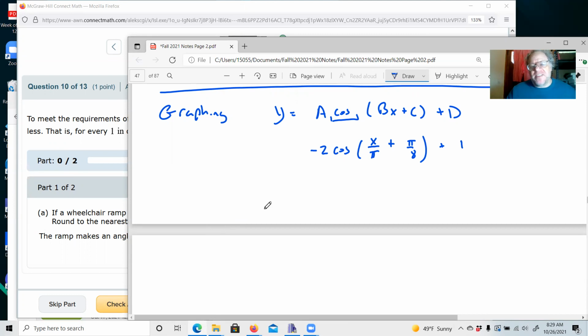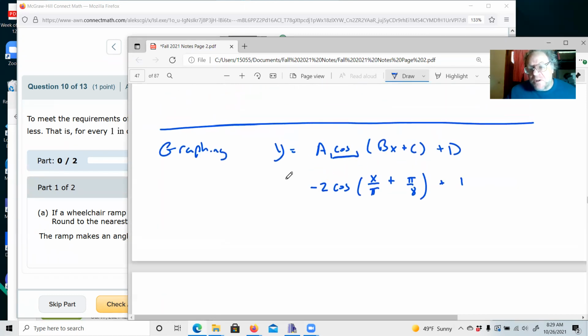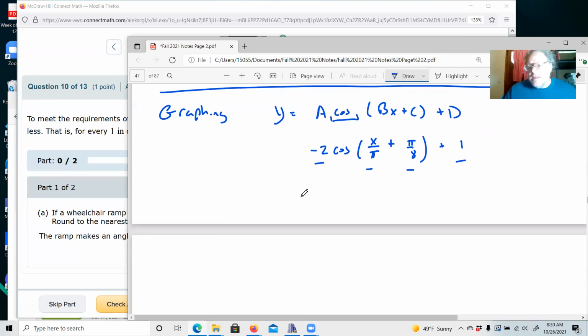Okay, this is a terrible problem. I would never ask you this. It's got way too many elements for you to have to handle. But if you can do one like this, you're going to be fine.